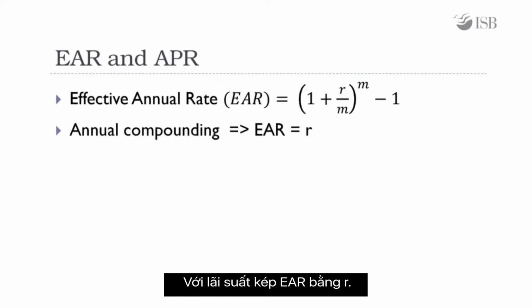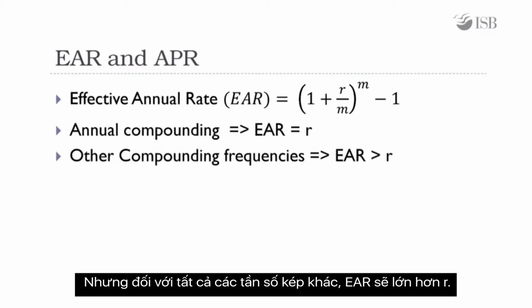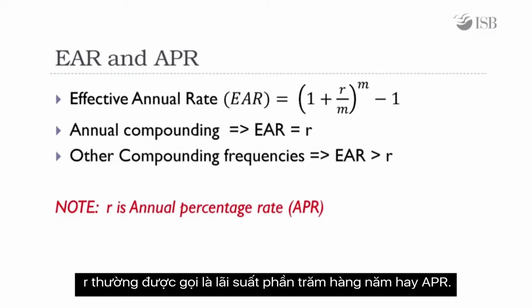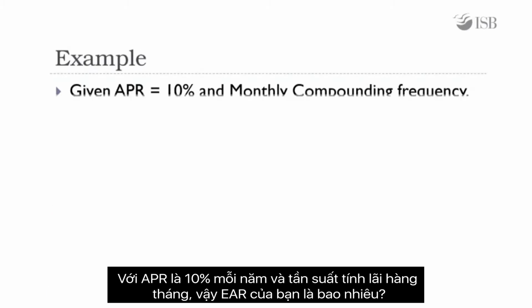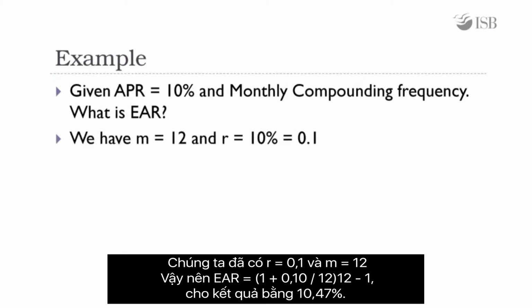With annual compounding, EAR equals R. But for all other compounding frequencies, EAR will be greater than R. R is usually referred to as the annual percentage rate, APR. Let's look at an example. Given an APR of 10% per year and a monthly compounding frequency, what is your EAR? We are given that R is equal to 0.10 and M is equal to 12.